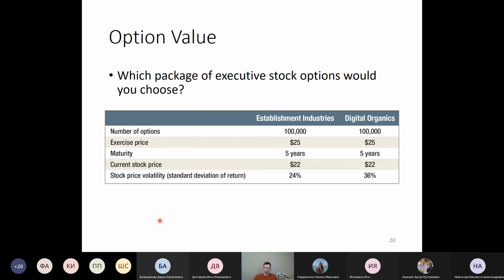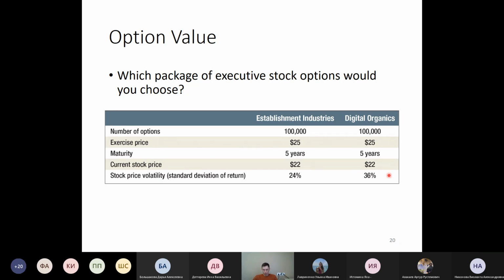That will be an option on two types of underlying assets, and they are equal in all characteristics except for the volatility.